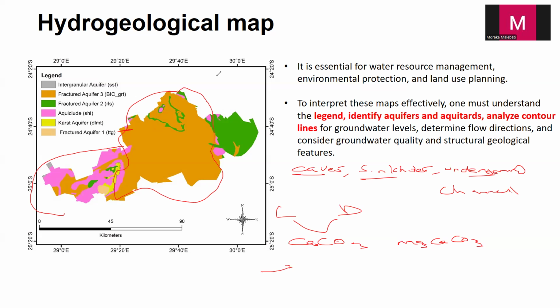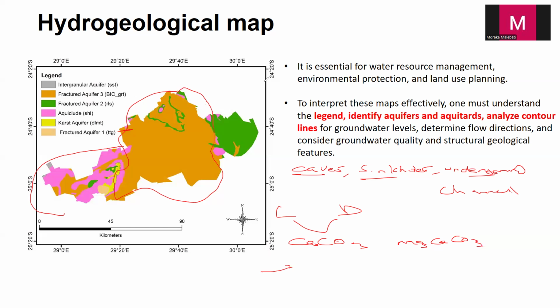Because we've got these high conduits, or passages, or channels through which groundwater can flow. And because we've got these underground channels, they can also store a large amount of water.